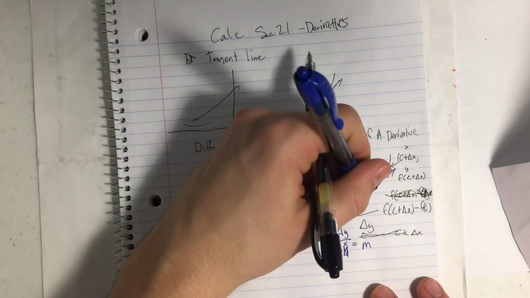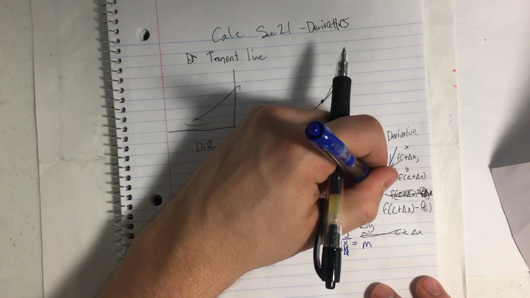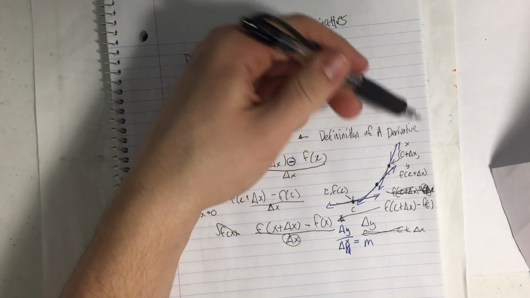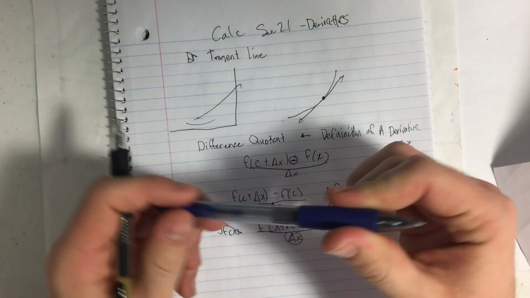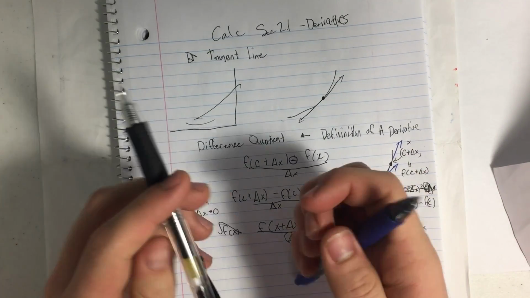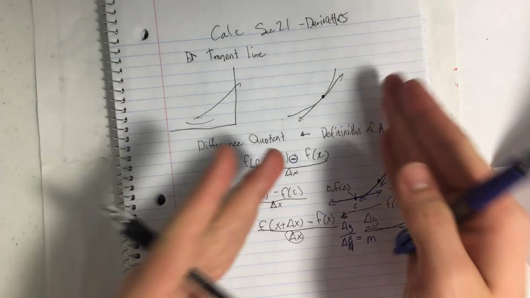Here, the slope's going to be more flat. Here it's going to be more steep. So the derivative is showing us the slope of this line as it changes. From this we can get an equation, and the equation shows us the slope of that line at any point.